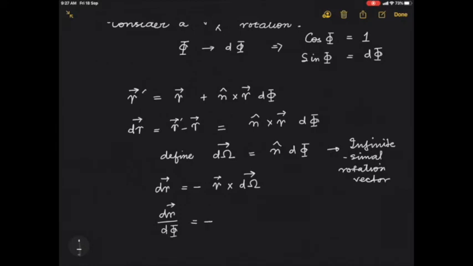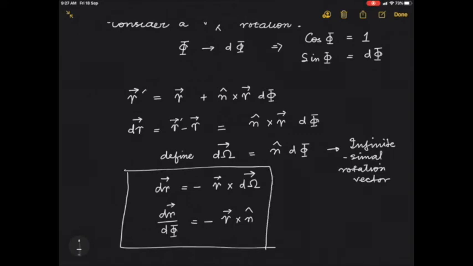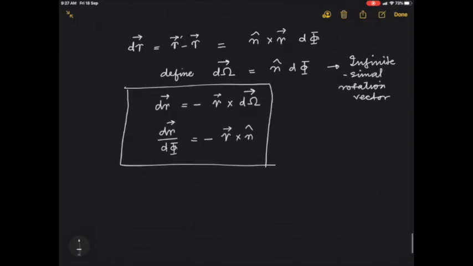This is one way of writing it, or even I can write dr by d phi as minus r cross n cap. Now these will be useful for us shortly.